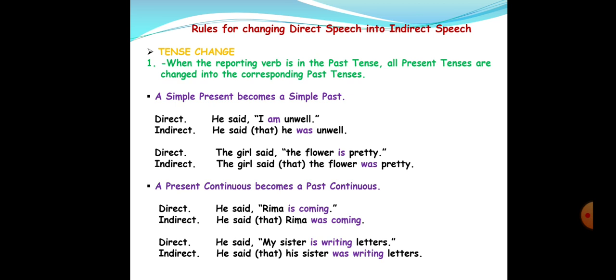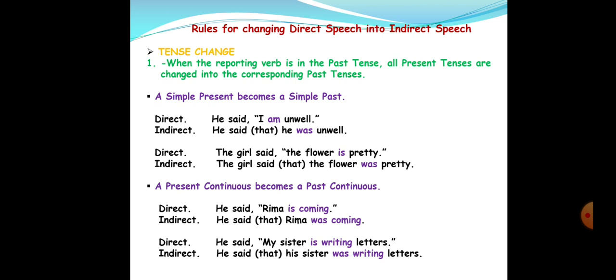This means that you have to change the simple present into simple past. A simple present becomes a simple past. For example, if you write in direct speech, he said, I am unwell. In indirect speech, it will become, he said that he was unwell.